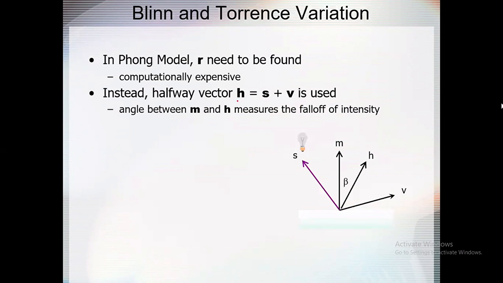Now the thing is, S and V are two different angles. So instead of taking care of them individually, why not we take the mean of it? So we are taking the mean of it, and that's the Blinn and Torrance variation both. So the angle between M and H measures the fall of intensity.